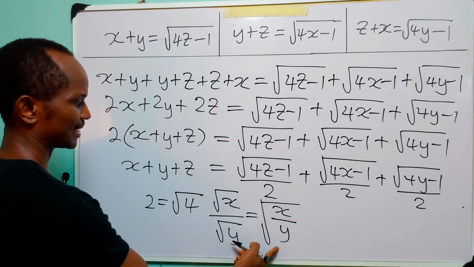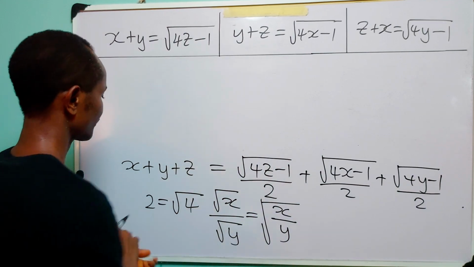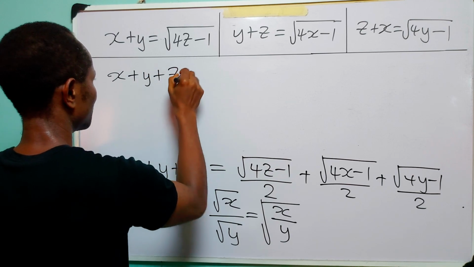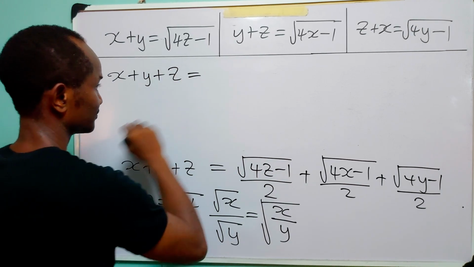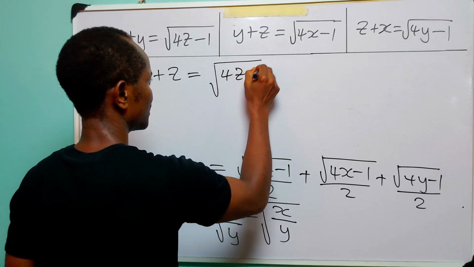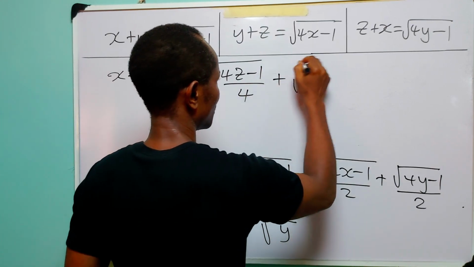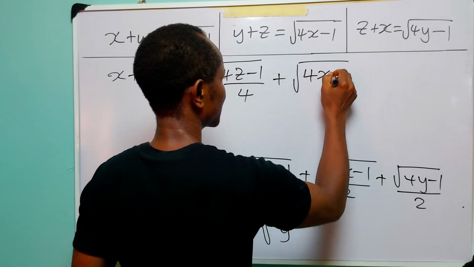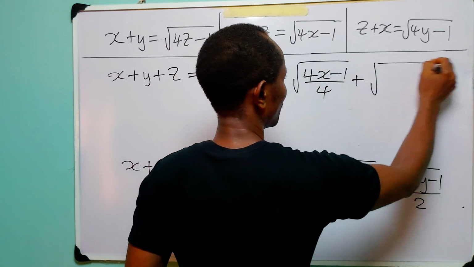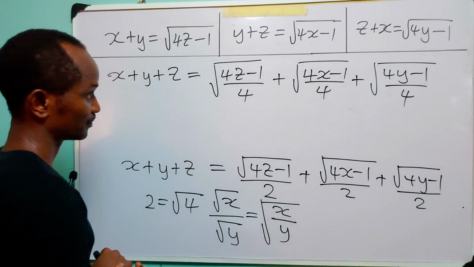Now with this in mind, we can write this last line as x plus y plus z equal to root 4z minus 1 over 4 plus root 4x minus 1 over 4 plus root 4y minus 1 over 4.